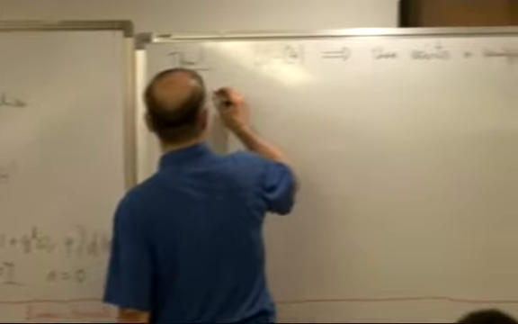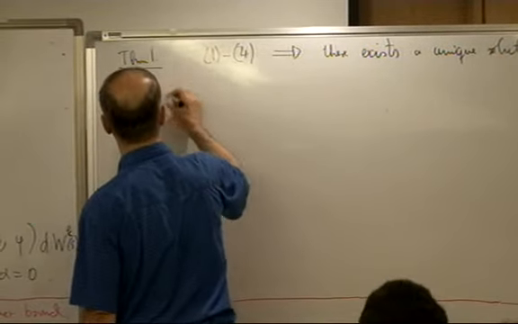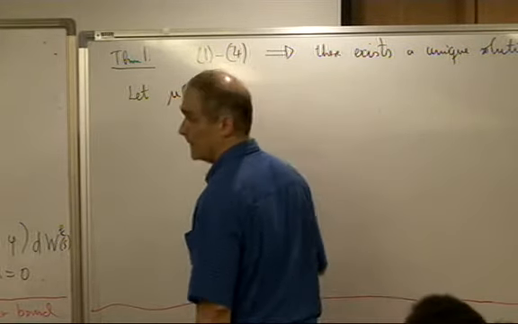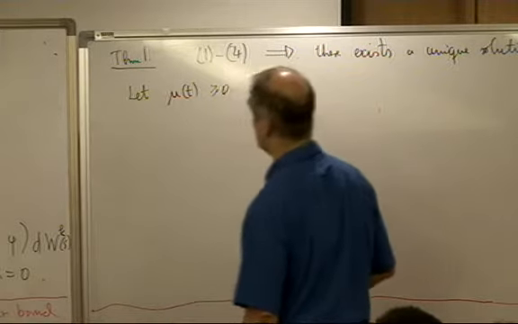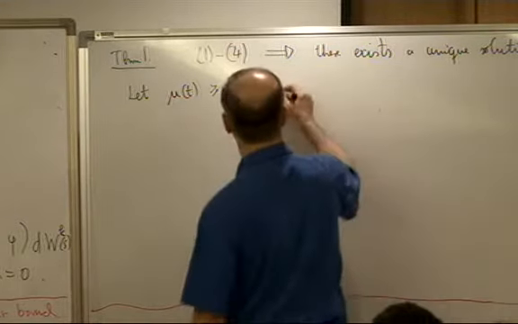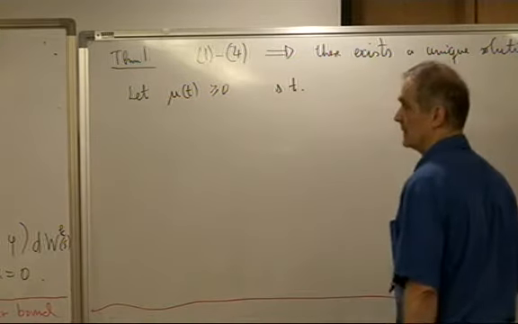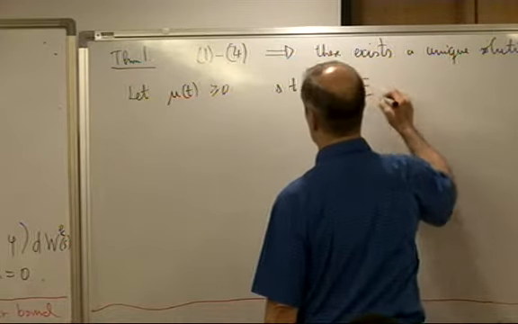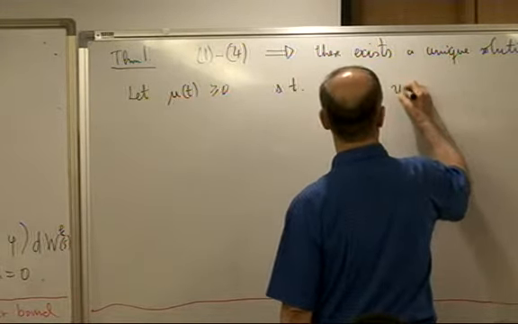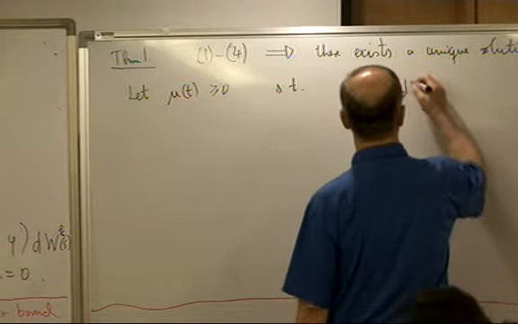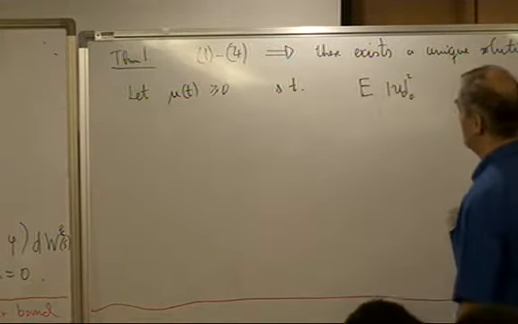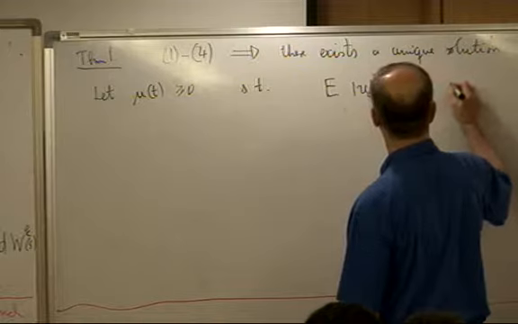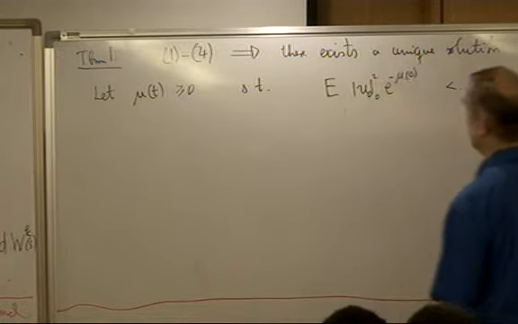So suppose that mu_t is a non-negative adaptive process. This is our weight such that the expectation of the initial condition norm squared times e to the minus mu is finite.